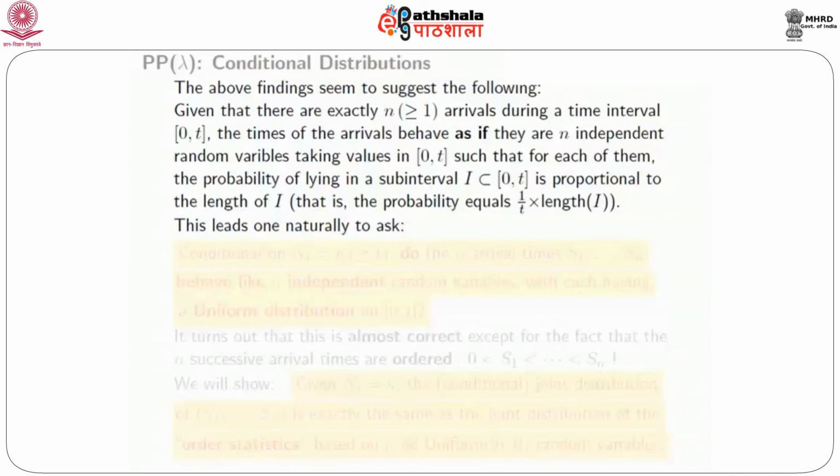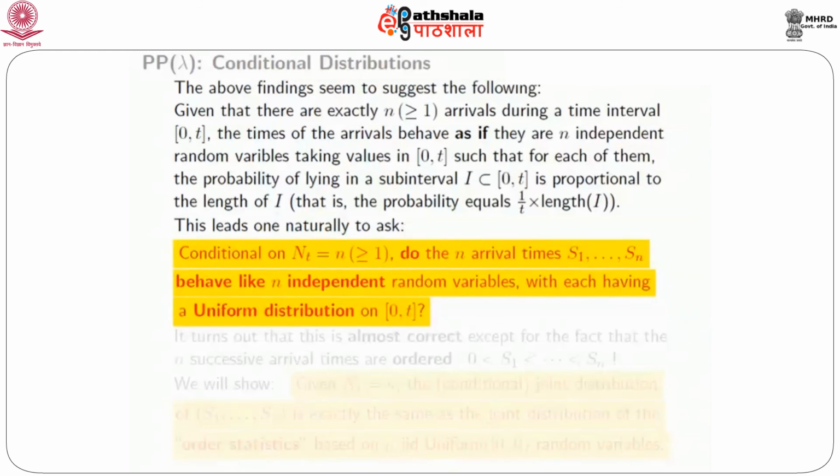Okay? Because you see, when you looked at the binomial thing, namely that given N_t equal to n, what's the probability that N_s equal to k? We saw that the conditional distribution is binomial with parameters n and s over t. So it's as if there are n independent tosses or n independent trials.